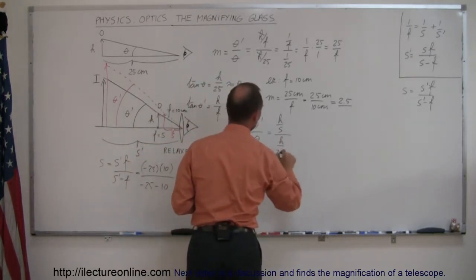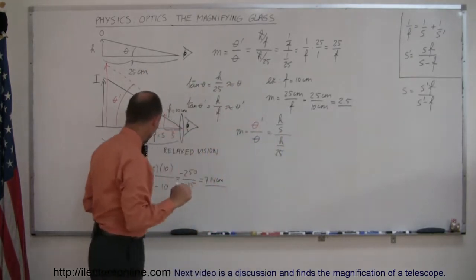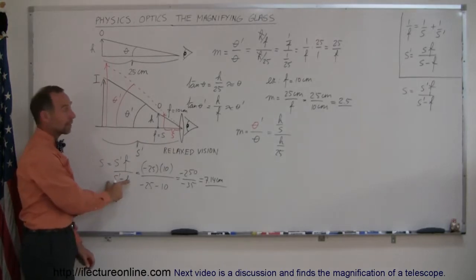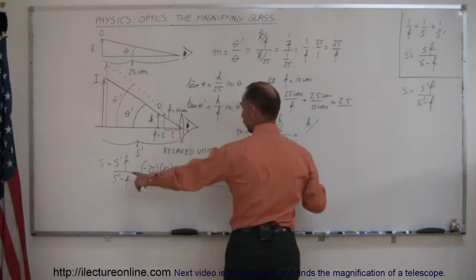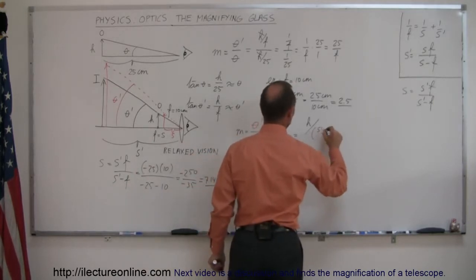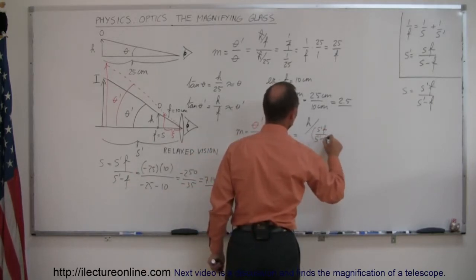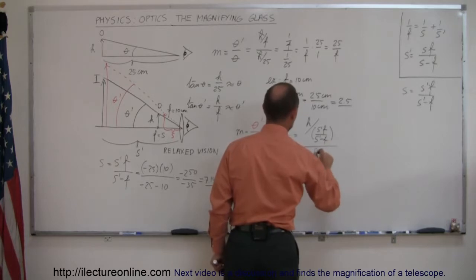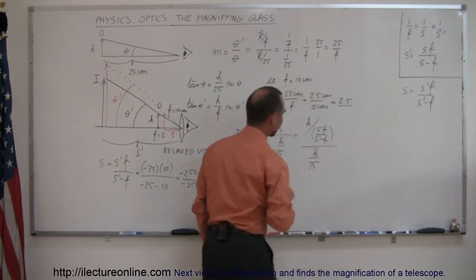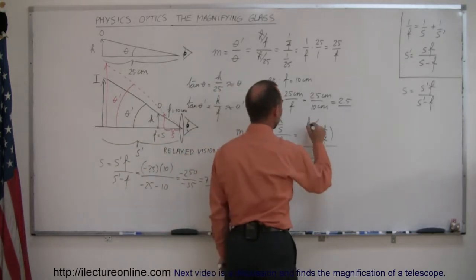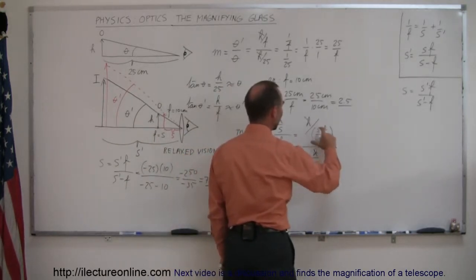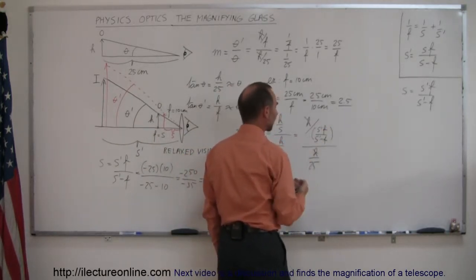So h over 25. Now this s will become this quantity right here. So this is equal to h divided by the quantity s prime f over s prime minus f, all divided by h over 25. Well, right away we can see that the h's cancel out, and dividing by 1 over 25 is the same as multiplying times 25.